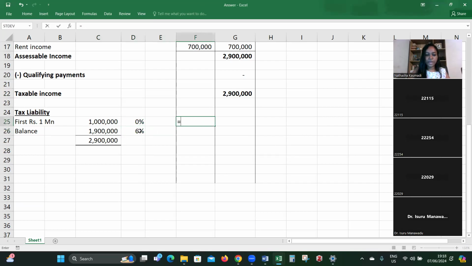Yes. So you can write here it's 0, and 1.9 million multiplied by 6% is 114,000. I hope you get the same answer, right? That is the income tax liability. So I'll be taking it here. I'll be writing income tax liability.